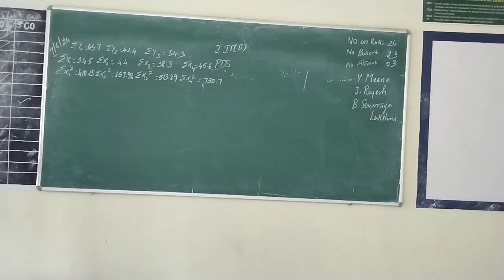Let's start with step 1. What is step 1? Summation of x. Find n. Okay, tell me what is n? 162.4.